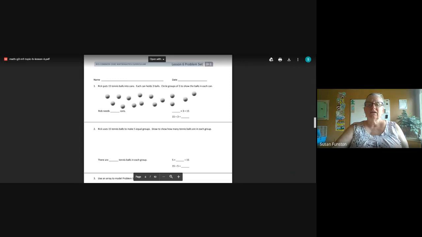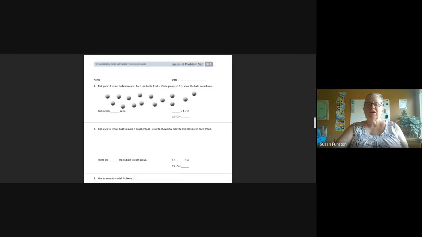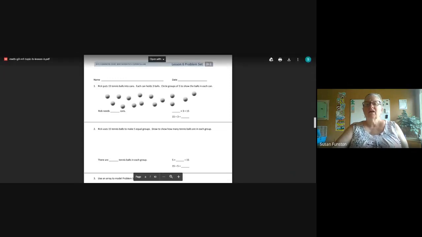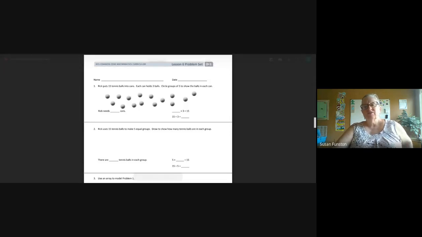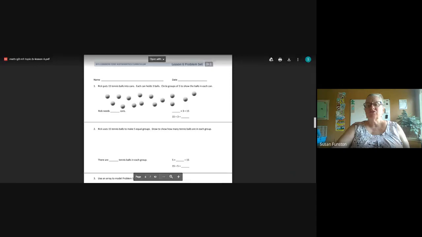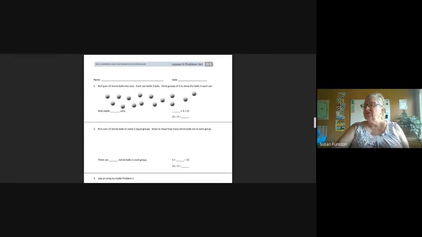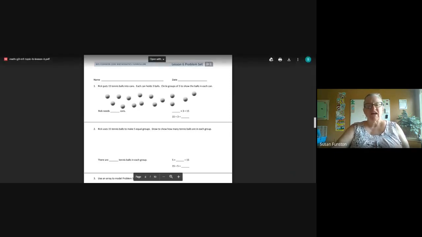I needed 1, 2, 3, 4, 5. So Rick needs 5 cans. So that means that 5 times 3 is 15 because we have 15 balls altogether, 3 in a group. So I can also say that 15 divided by 3 is how much? Right, 5, because 5 is the number of cans that we needed.